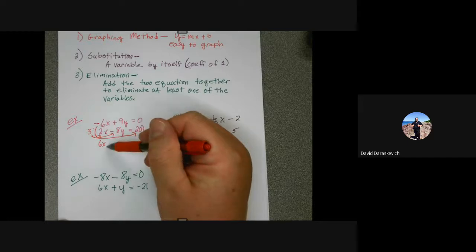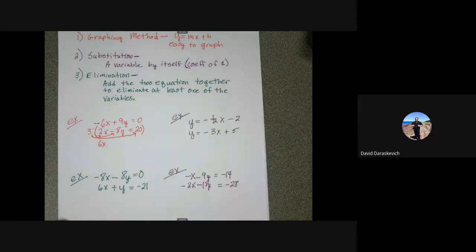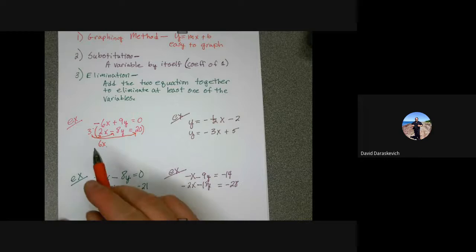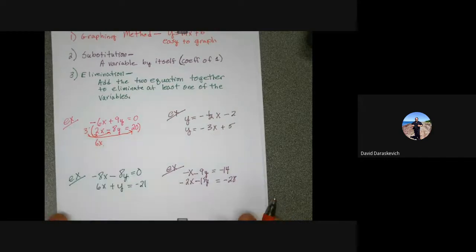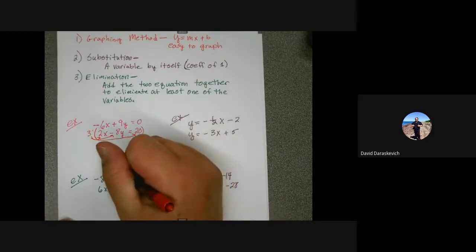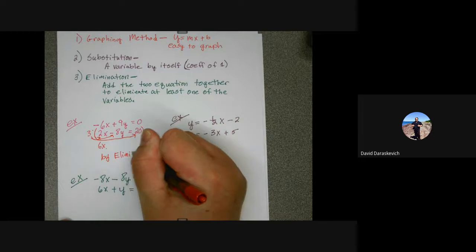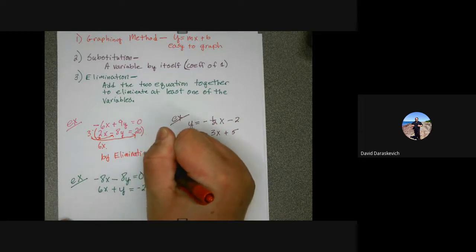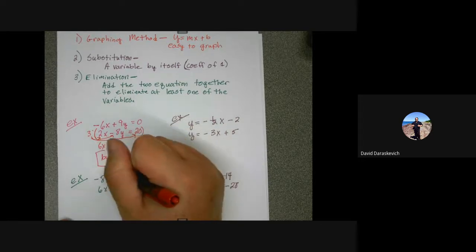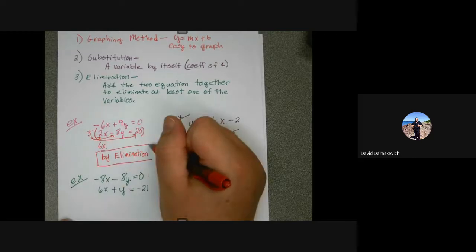Those would eliminate, and all I would have to do is solve for y. So the first answer would be elimination. Remember, we're just explaining which method is the best.